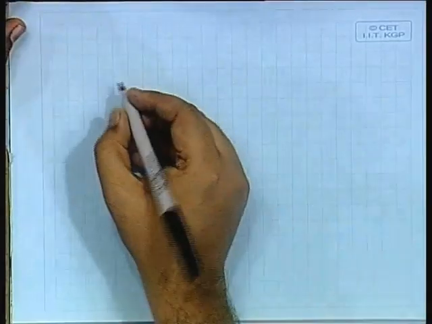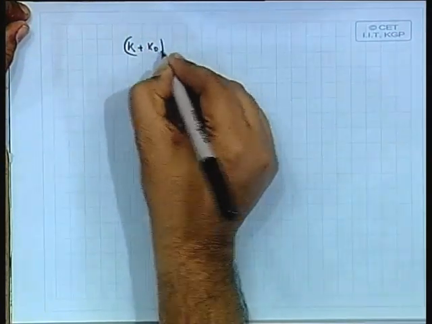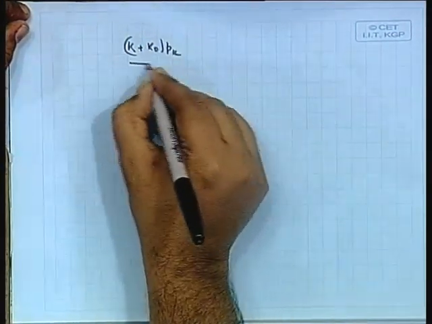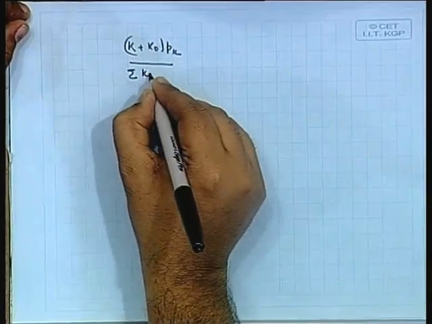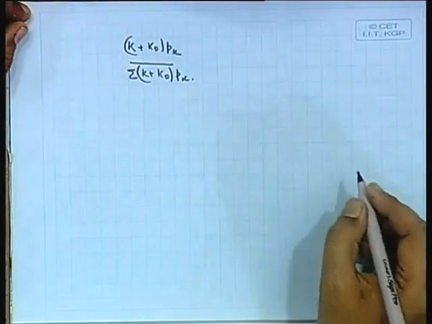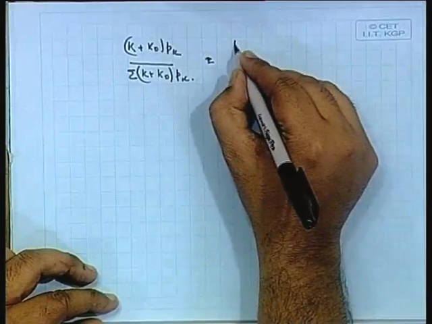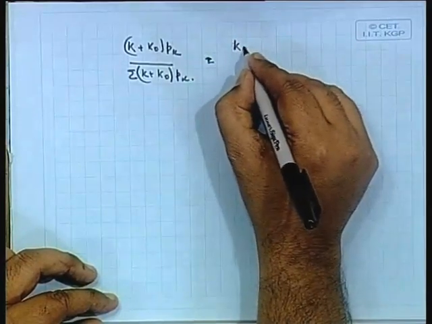Now I write it again: (k plus k0) P_k over the summation of (k plus k0) P_k. For simplicity, let us assume k0 is equal to 1.